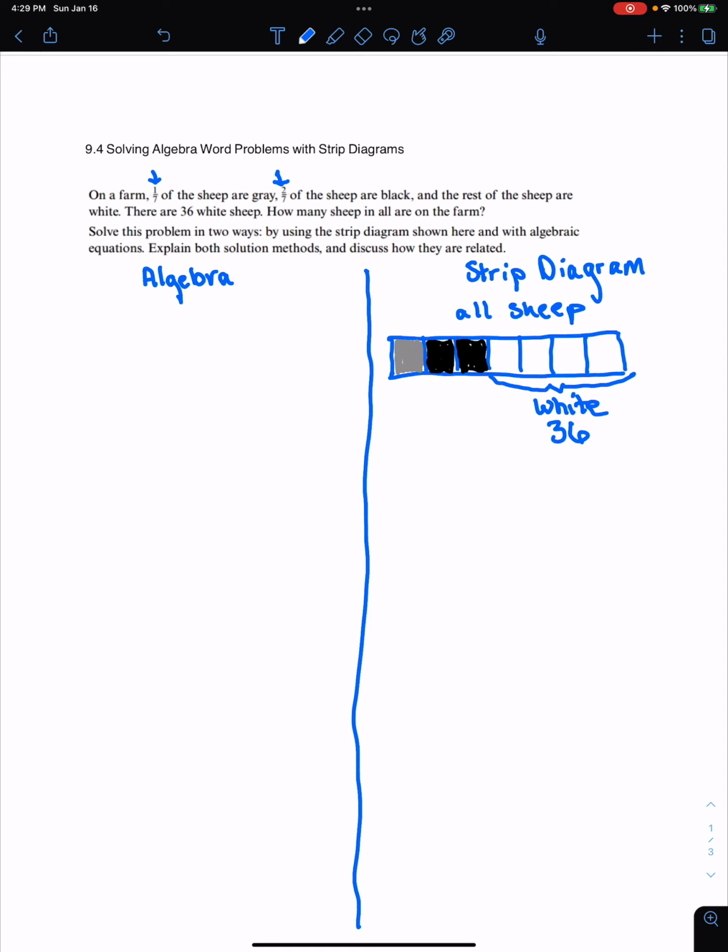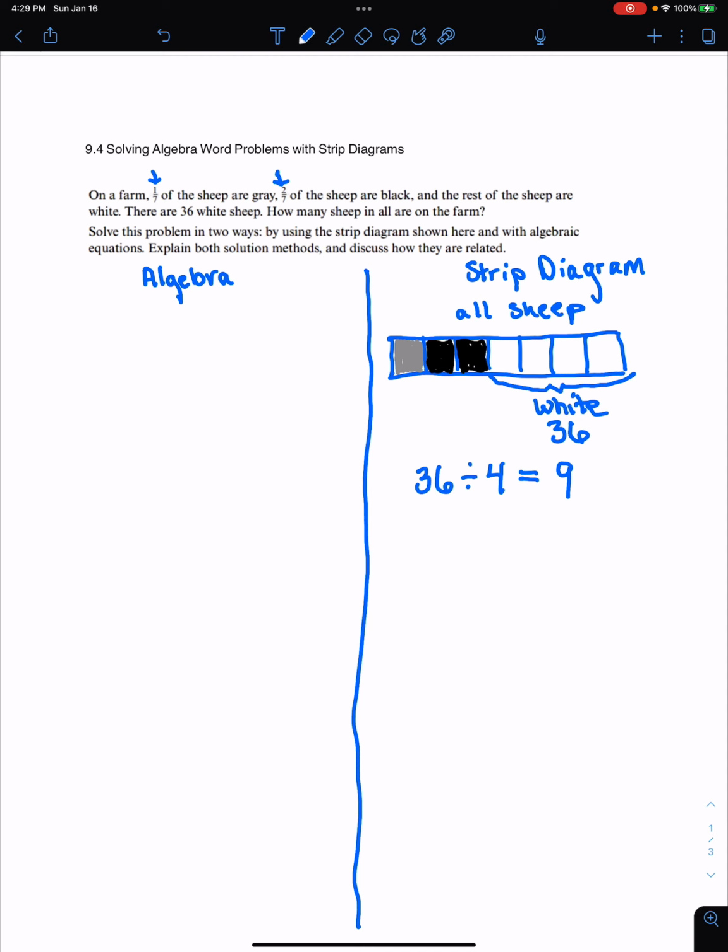So I've got 4 boxes representing 36 sheep. So I'm going to take my 36 sheep and divide them evenly into the 4 boxes, into 4 pieces. 36 divided by 4. I think that's 9.